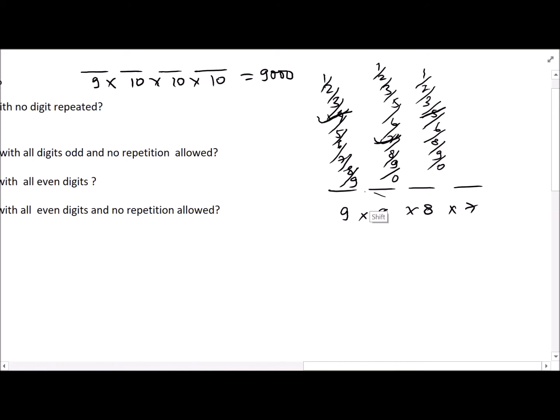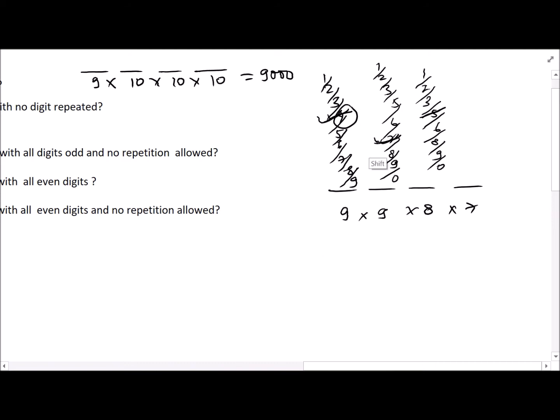So why did you repeat 9 when repetition is not allowed? That's what I'm telling you from the very beginning. You have to be very careful while watching this video, while understanding this topic, that this is not the digit 9, my friend. I just put 4 here. See, I didn't put 9. 9 is the number of options I'm having. 9 is not the digit I'm putting. Okay, so repetition is not there.